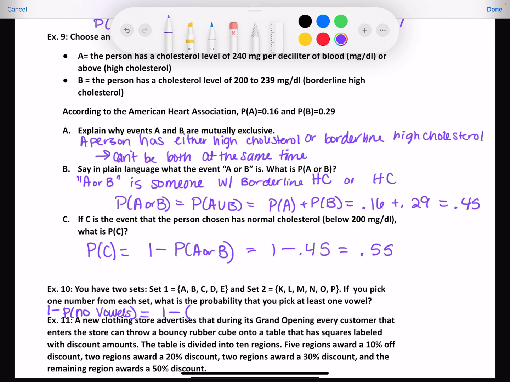How many are not vowels in the first set? 3 out of 5, A is a vowel, my bad. Times how many are not vowels in the second? 5 out of 6. Multiplied, that works out nicely to 1 minus 1/2, which is 50%. So the probability of picking at least one vowel is 50%.